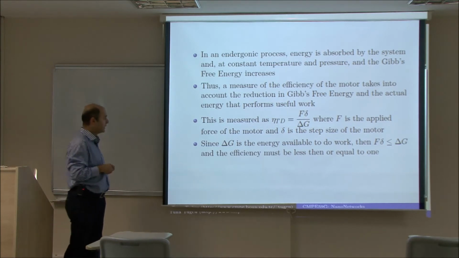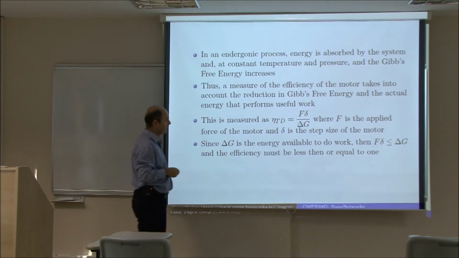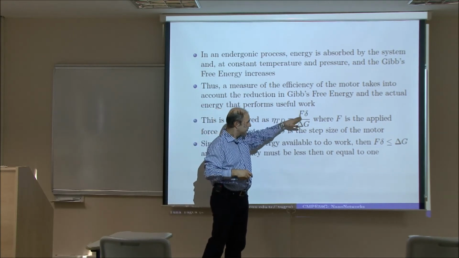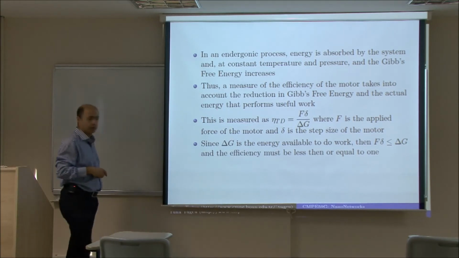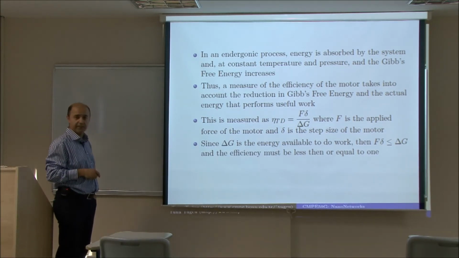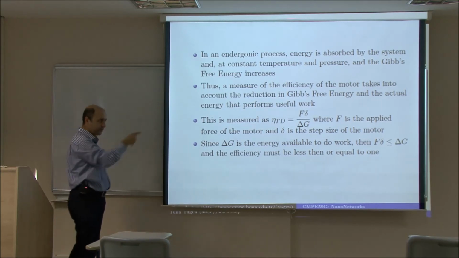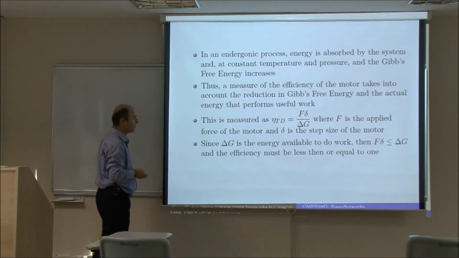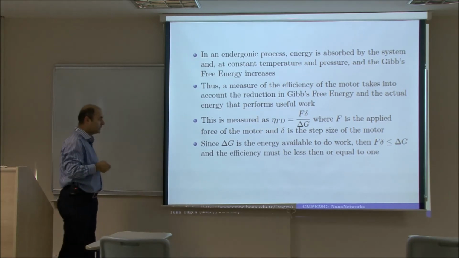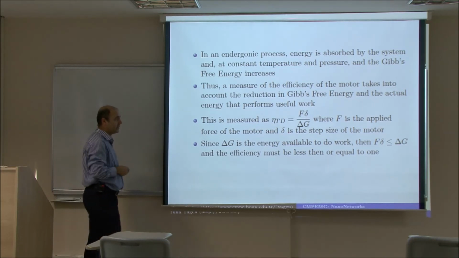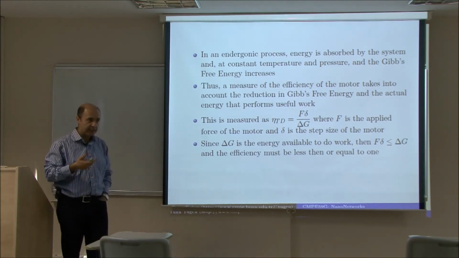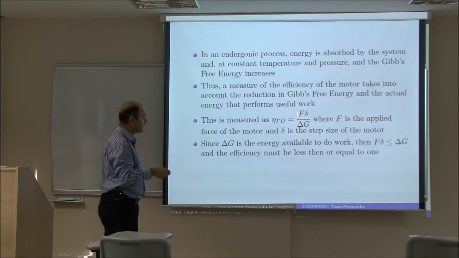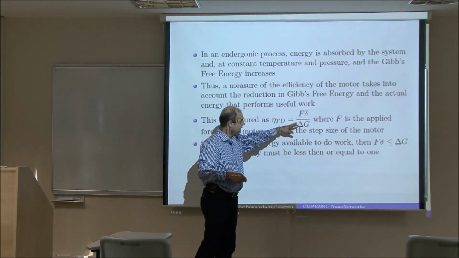So we can define this efficiency, nu, as F delta over delta G, where F is the applied force of the motor, delta is the step size, the length of the step, what we previously talked about as delta X. Gibbs energy now is the energy available to do work. Therefore, since the efficiency should not exceed 1, we say that F delta should be less than delta G.